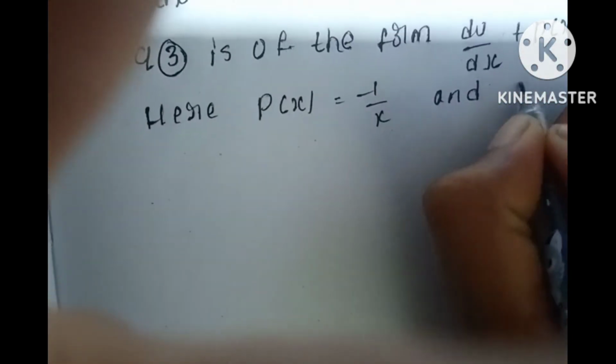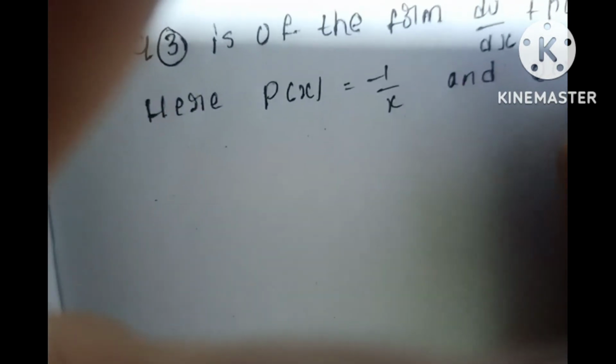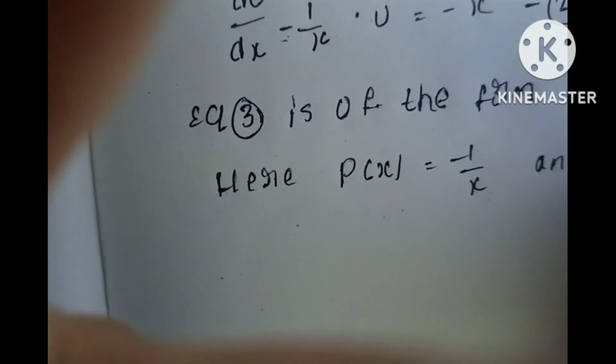And here p of x is minus 1 by x, and q of x is minus x. And we find the p and q value.